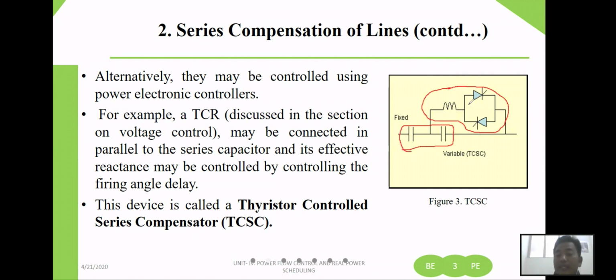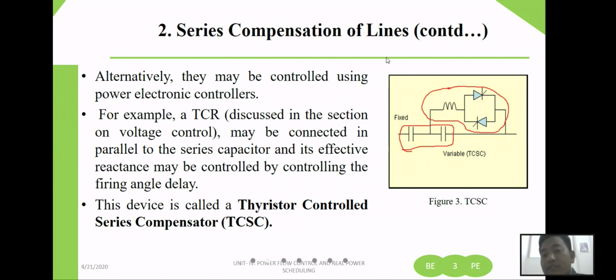If you connect this TCR in parallel to the series capacitor, the effective reactance may be controlled by controlling the firing angle.